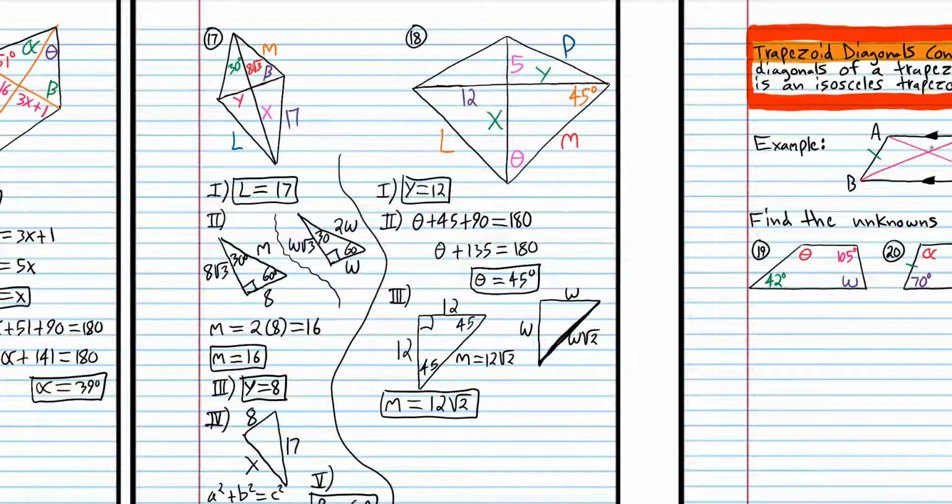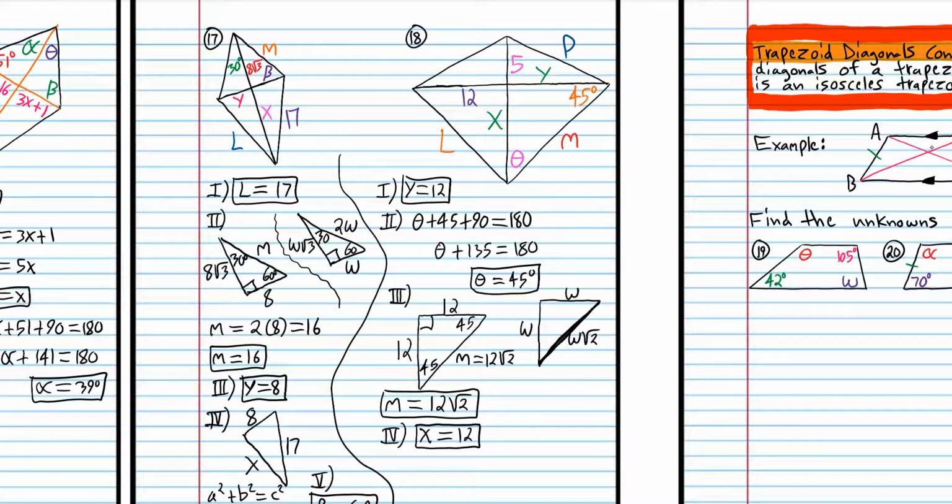On to step 4. What else do we have here? Oh yeah, x. X we can find pretty easily. That's going to be 12. And I just designed the problem that way. The reason it's 12 is because it's a 45, 45, 90, so this side is 12.